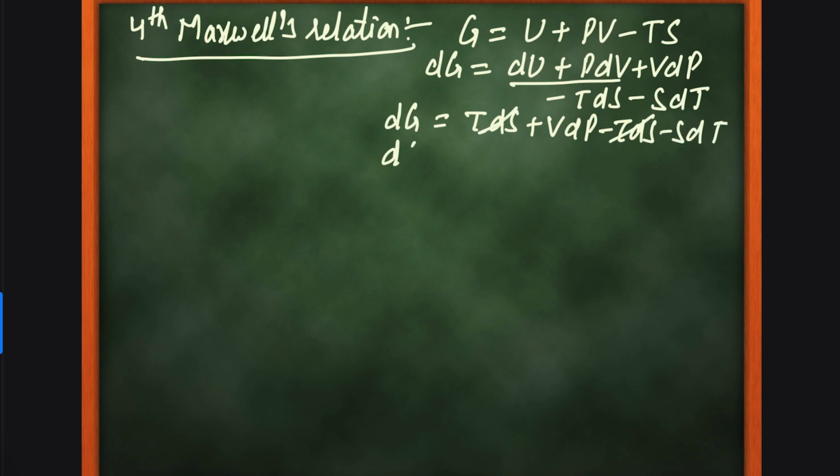TdS cancels, so dG = VdP - SdT, which means G is a function of P and T.